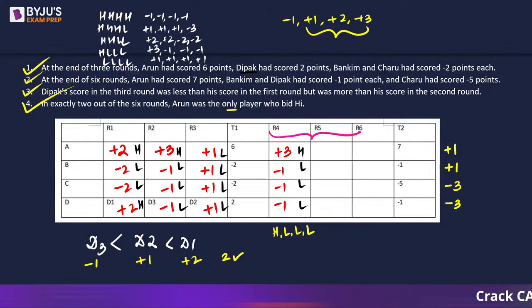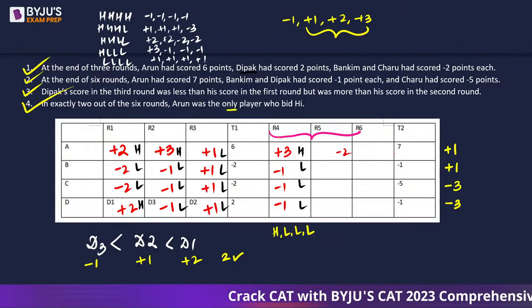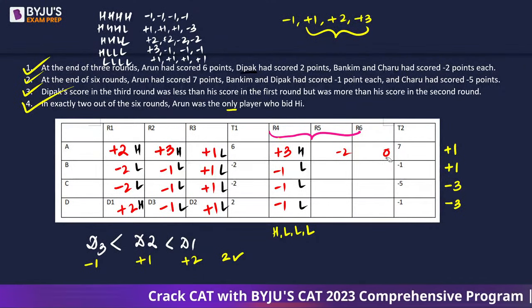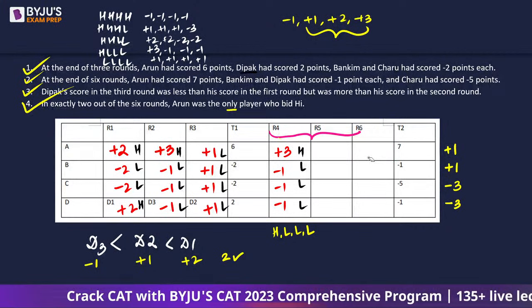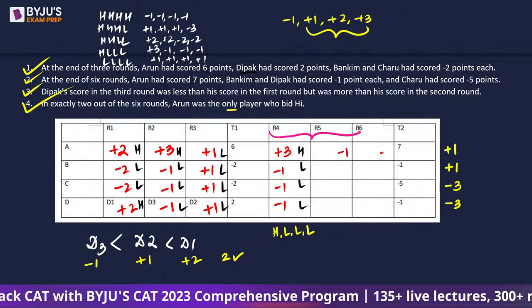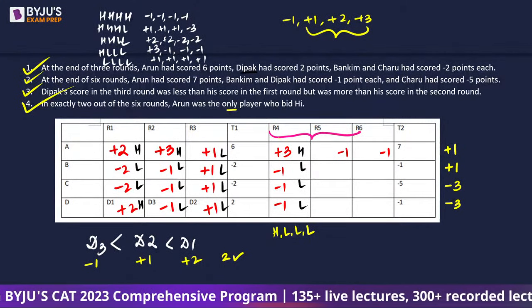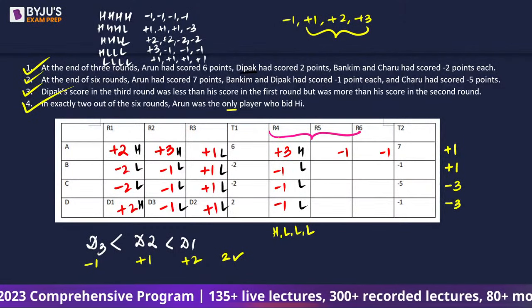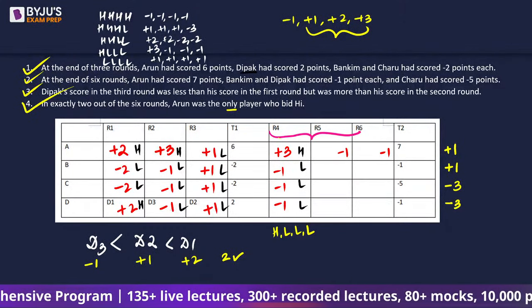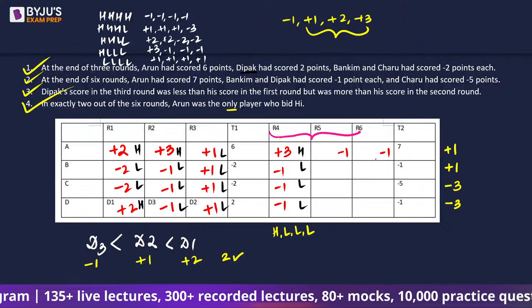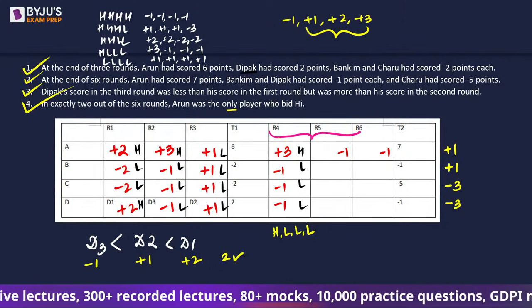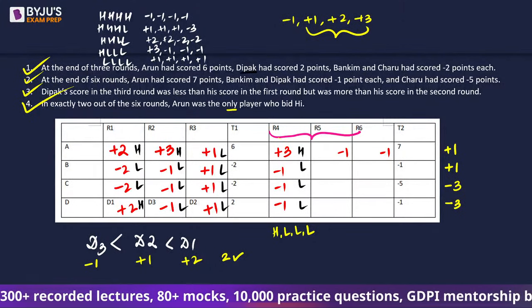So we already are at +3 for Arun. We need a +1. So we can't have a -2 and 0, because there is no 0. The only way we can reach there is by putting a -1 and a -1. And we can't do anything else here. +3 and -2.